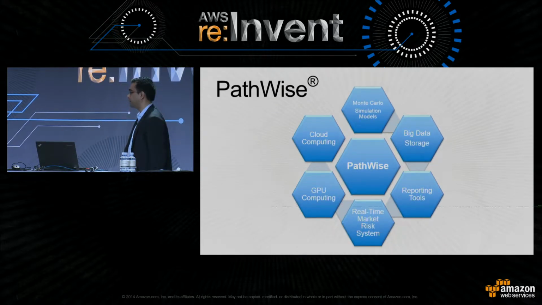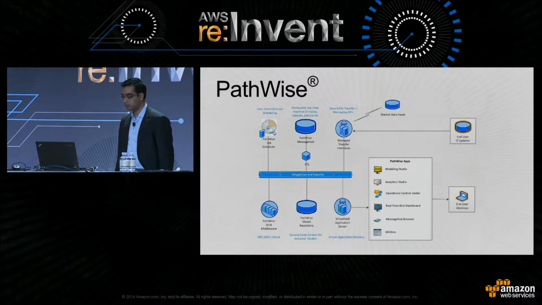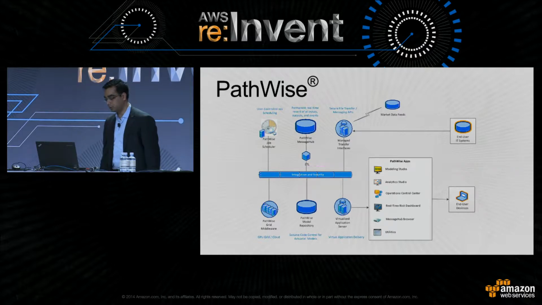Our Pathwise platform has a lot of different components. What I'm going to focus on here is the GPU computing and cloud computing aspects for doing Monte Carlo simulations. This shows one view of our software stack and how it runs on Amazon.